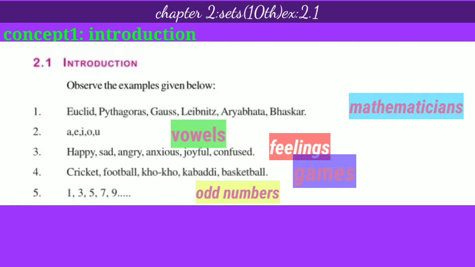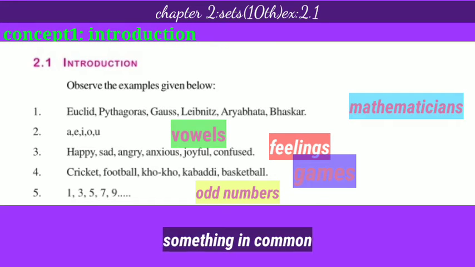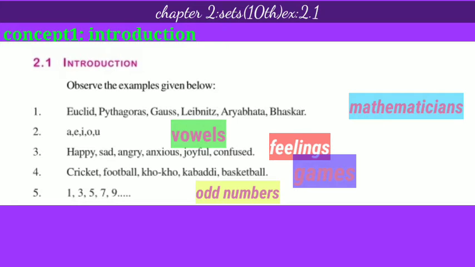Each and every example has something in common, so they form a collection. These collections having a common property or feature are known as a set.